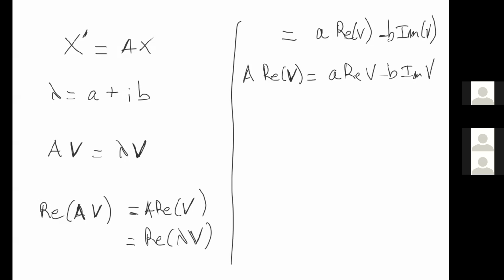And in the same way, A times the imaginary part of v equals a times the imaginary part of v plus b real part of v.